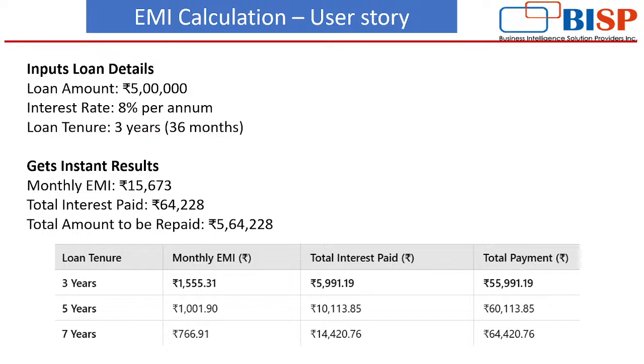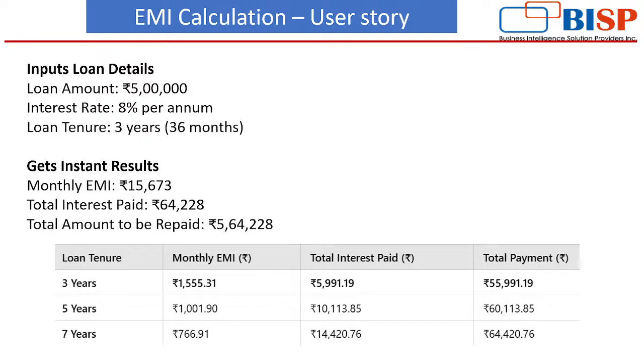He has also calculated the total interest amount that he is going to pay for 3 years and the total amount to be repaid, that is the principal amount and the interest amount, that is the total. Now he checks the detailed breakdown of principal and interest paid each month.